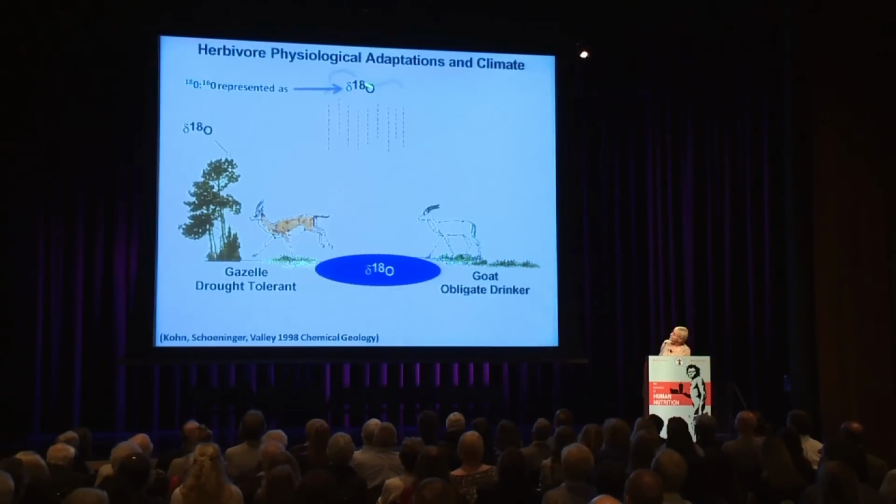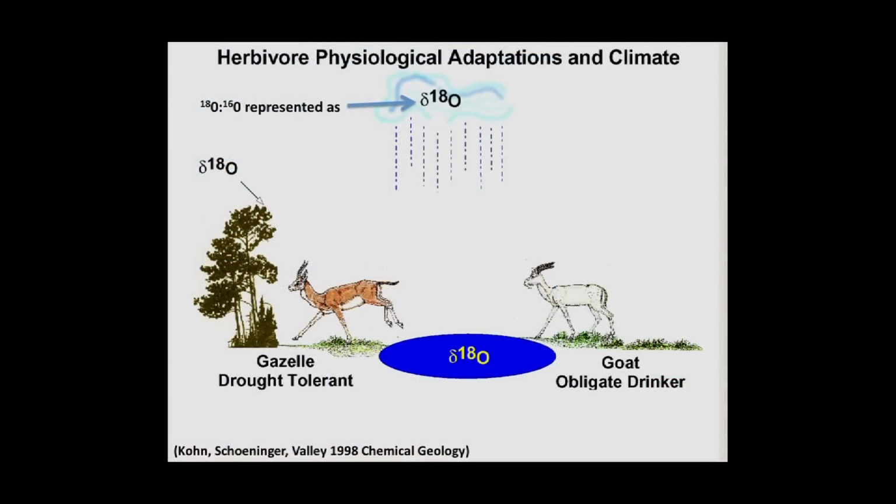Now the way this works, I'll just go over the method very briefly, is that you have herbivore physiology that deals with its body water in very different ways. So if you take an animal like a gazelle that is obtaining all of its body water from leaves, what you see is with high aridity, you have a high composition of the heavy isotope, so you have a high value of delta O18.